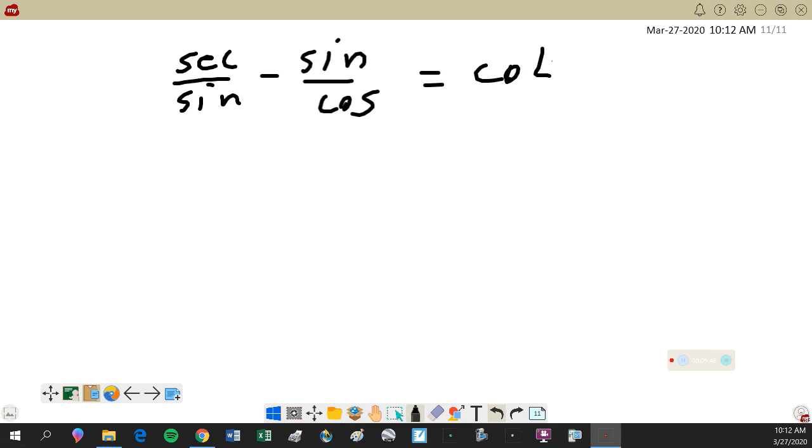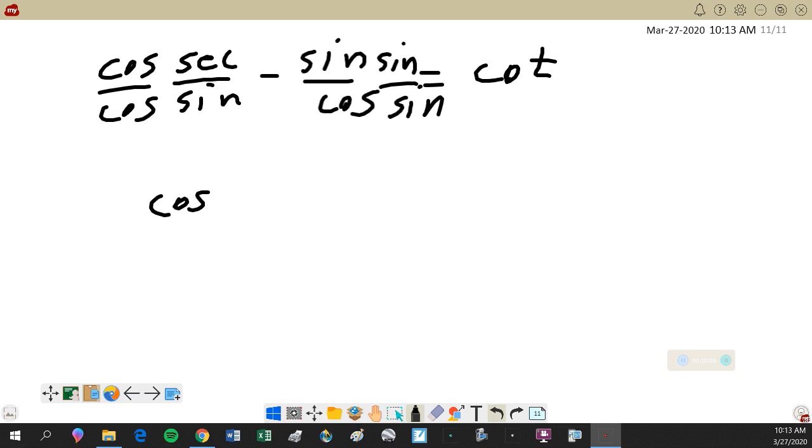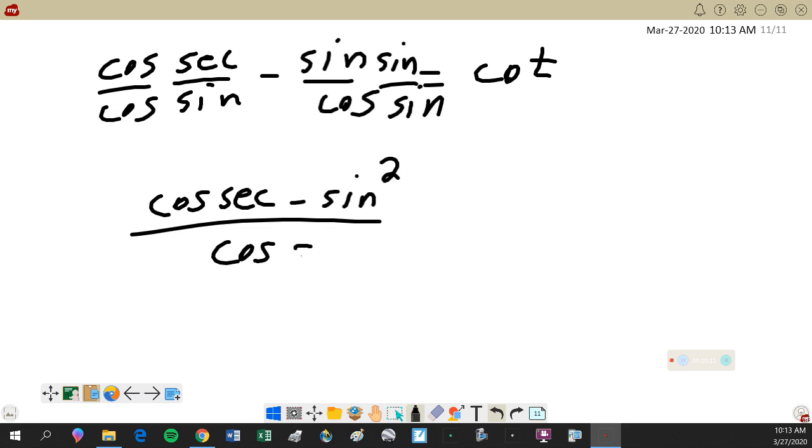Okay, let's take a look at 16. Secant over sine minus sine over cosine, and that's equal to cotangent. Well, two fractions here. Let's do common denominator. This one gets a cosine over cosine. This one gets a sine over sine. And I have cosine secant minus sine squared over cosine sine.